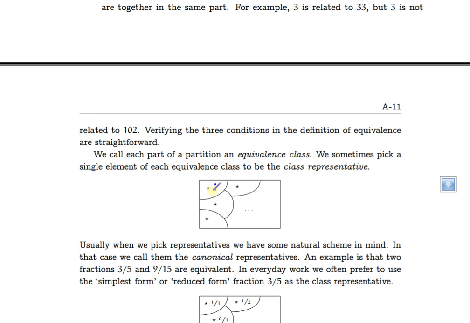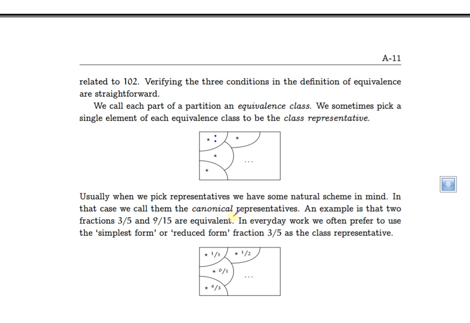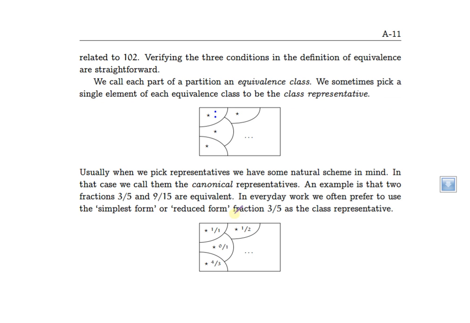Sometimes there's a particular element in each partition that is distinguished in some way and represents all the elements in our class. One example, for instance, in our example of the pairs that represent the same fraction, we can choose the pair of numbers that represents the fraction in lowest terms.